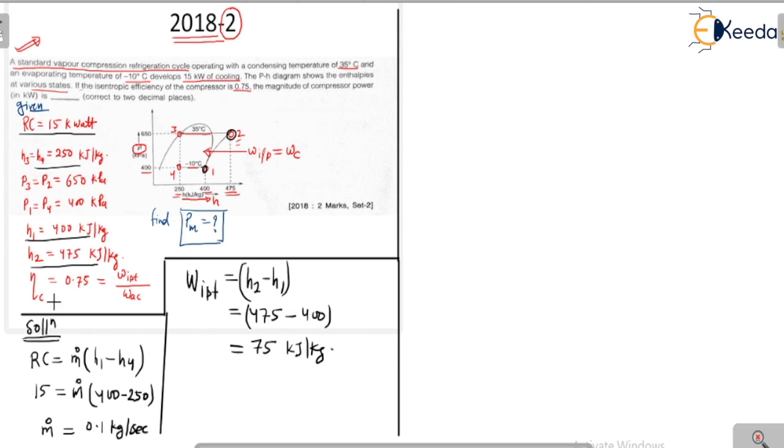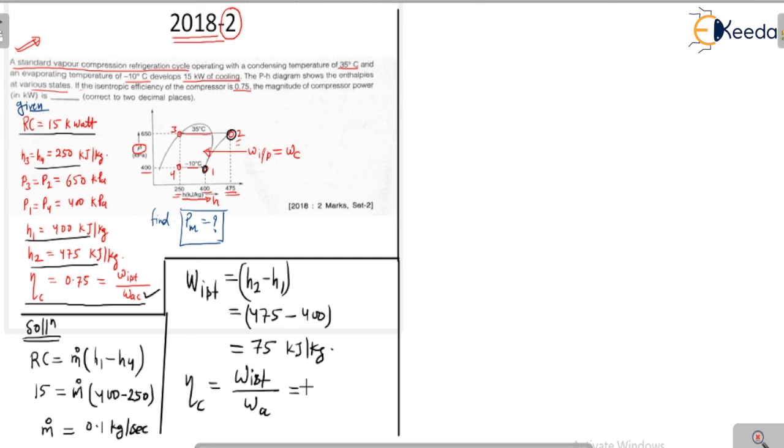Using the isentropic efficiency formula, you can find the actual work for the compressor: isentropic work upon actual work.